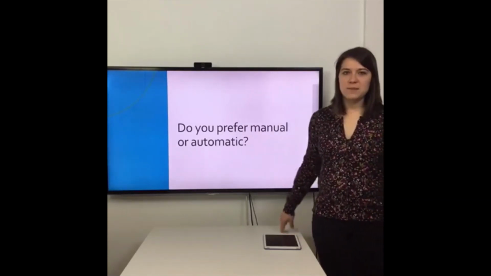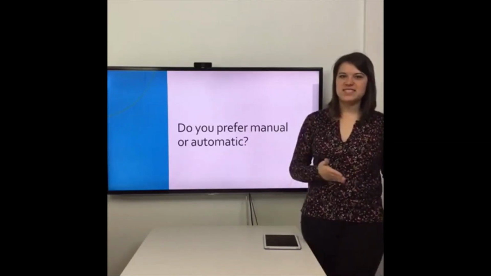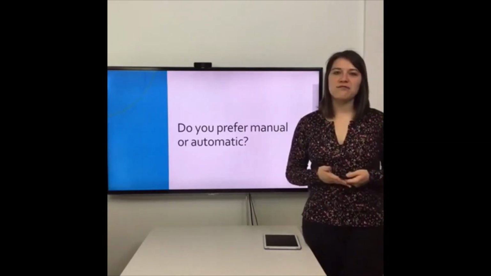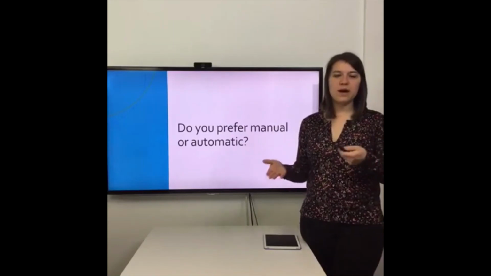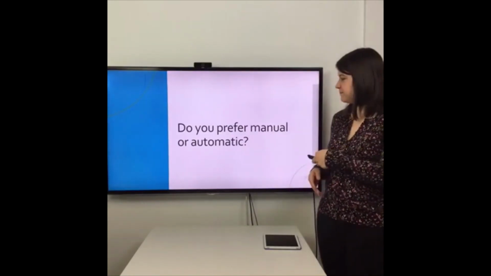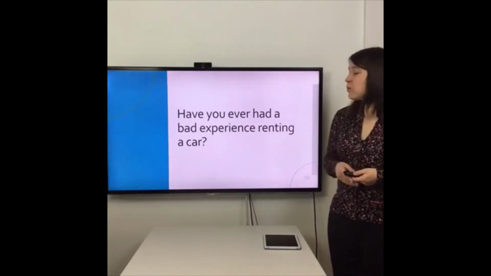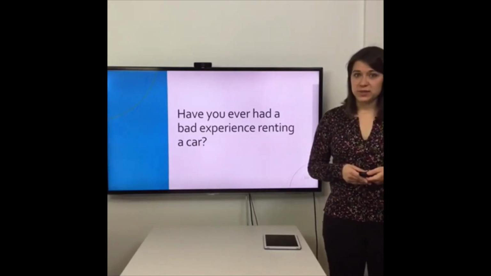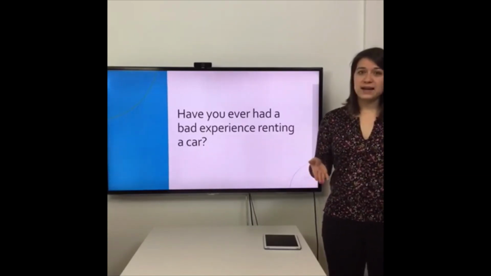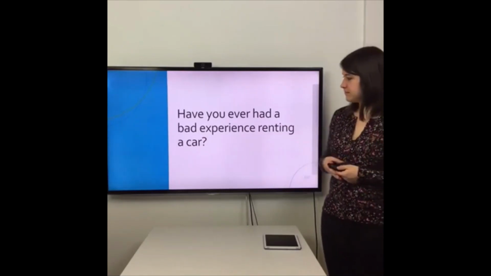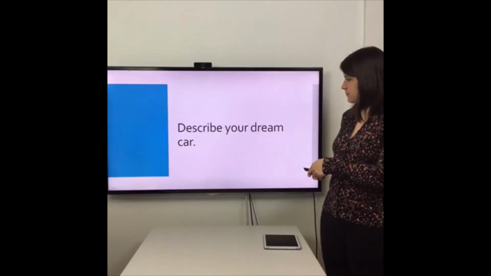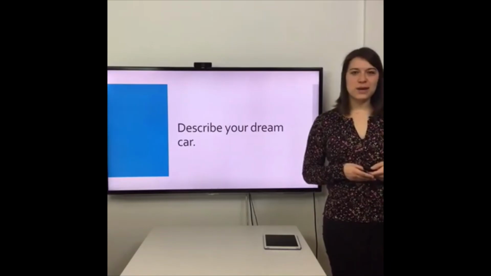Which is more common in your country? In the United States, it's more common to drive an automatic car, but what about you in your country? Have you ever had a bad experience renting a car? Why was it a bad experience? What happened? And finally, describe your dream car.